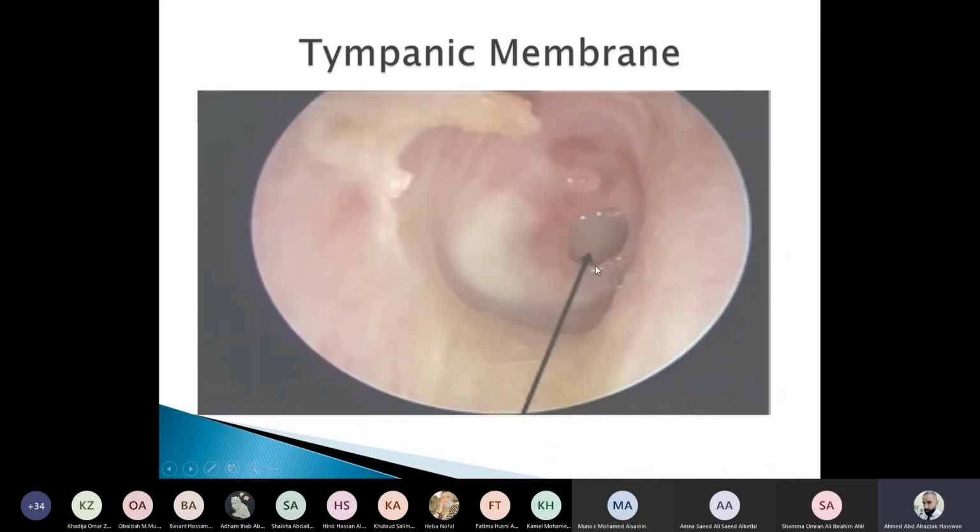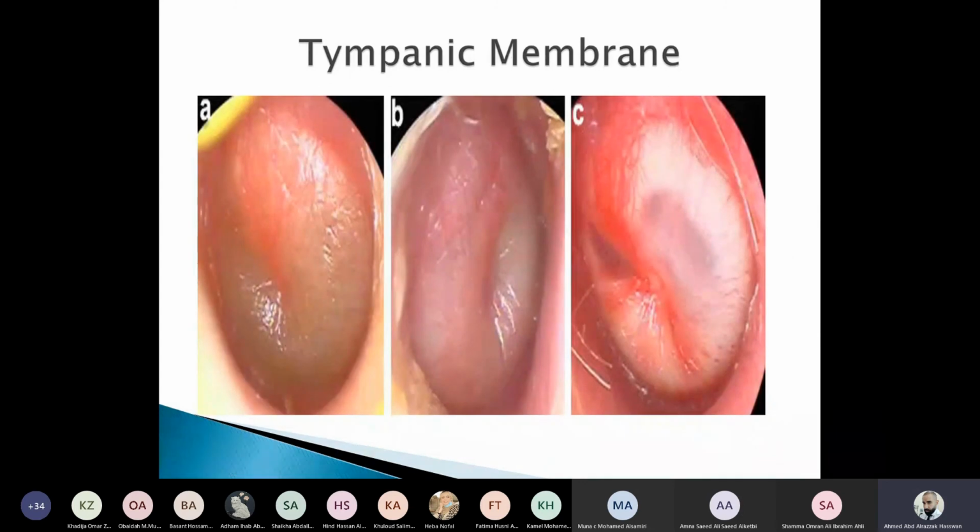Okay. And how about here, guys? Let's look at C maybe, or A. It's swollen, yes. What else? Yes, thank you. So there is bulging. So guys, the tympanic membrane should actually not be bulged or retracted. So if the tympanic membrane is bulging, what does that mean?